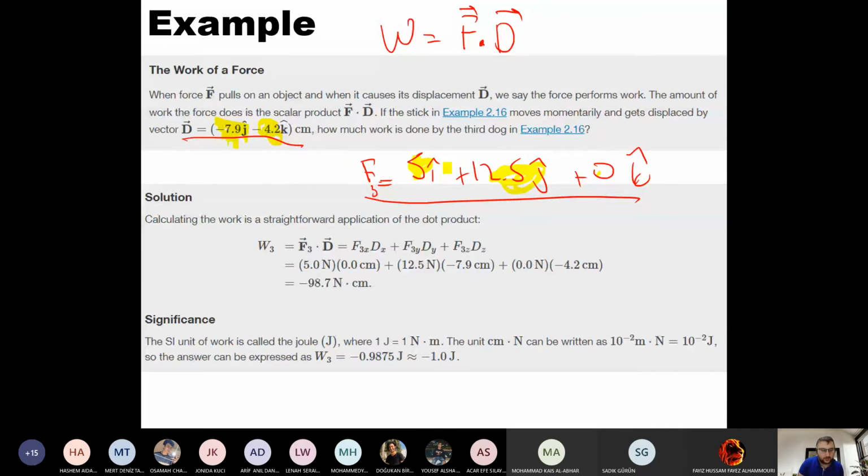J times J. The I component is 0 and the K component is 0. So we only have the Y component.